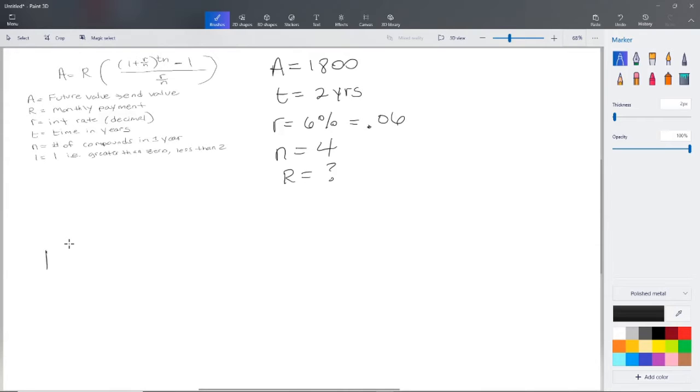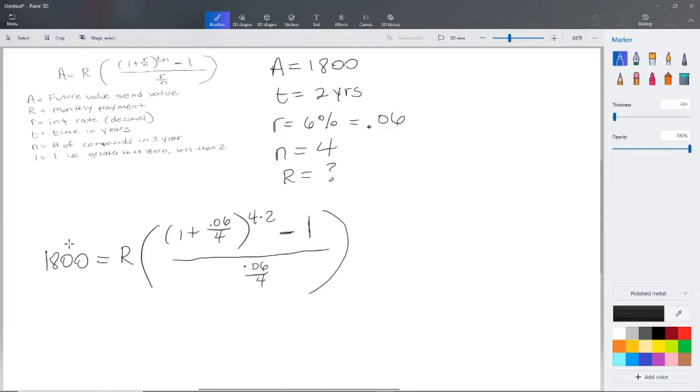So 1,800 equals, our big R is the unknown, times a big parenthesis, then a sub parenthesis: 1 plus little r, which is 0.06, divided by n, which is 4, taken to the power of 4 times the years, 2, or 2 times 4. It doesn't matter the order you do that multiplication. Minus 1, all divided by 0.06 divided by 4, and close bracket here.